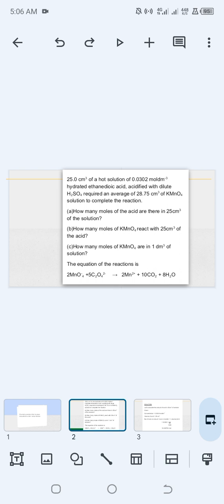Under redox reaction, there are some things you must know. The number of atoms and the number of electrons, all this must be balanced. The number of oxygen atoms must be balanced in the equation. Now, from the question, the concentration of the acid has been given, the volume has been given, while the average volume of KMnO4 used has been given.